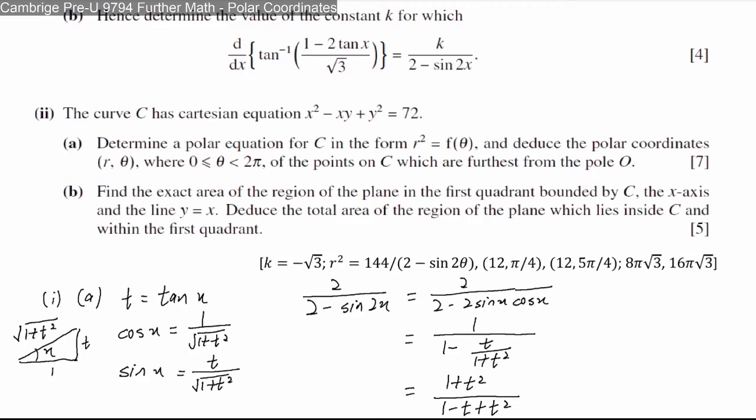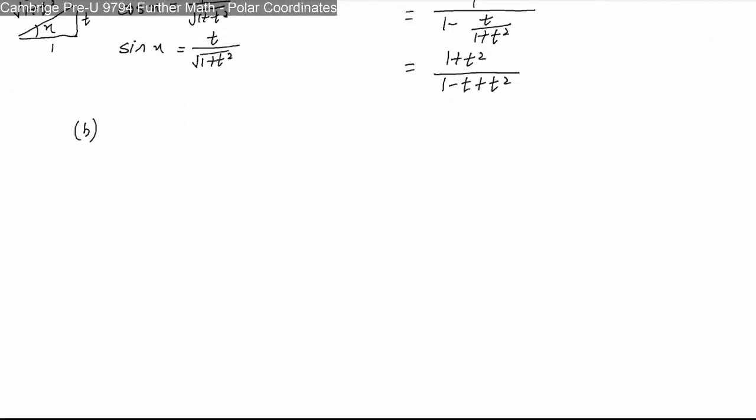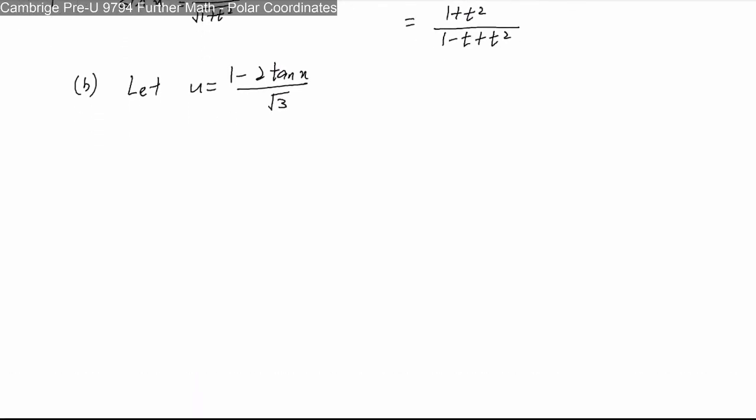For that one, we need to differentiate the arctangent. Inside the arctangent we have that expression. Because we are going to differentiate quite a complicated expression, let's just let u be the expression inside the arctangent first.